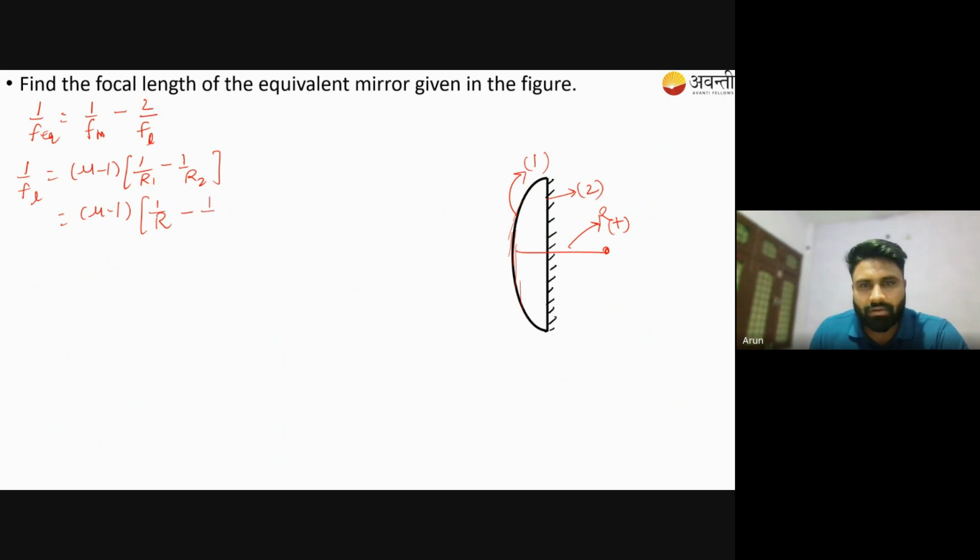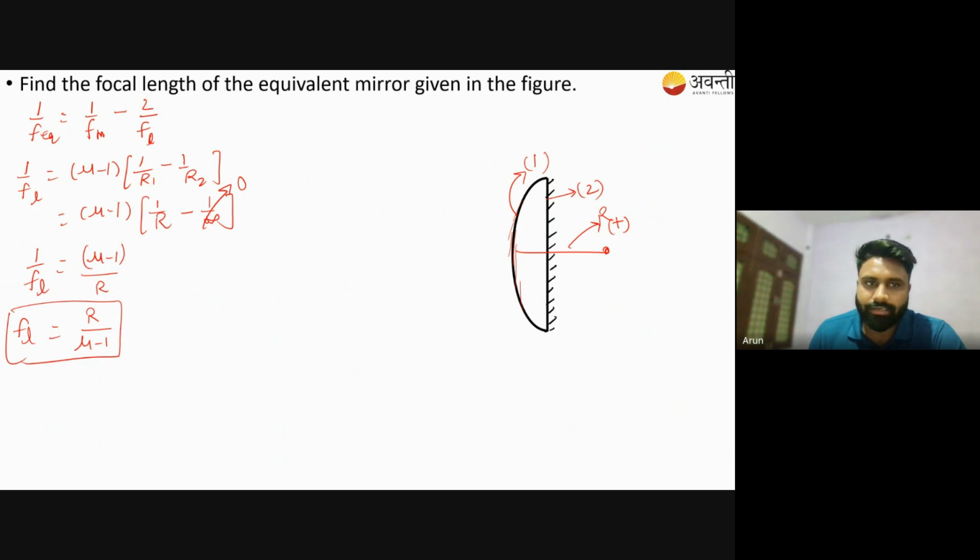Minus 1 upon R2, the radius of curvature of this plane surface. A plane surface has a radius of curvature of infinity. 1 upon infinity is nothing but 0. So 1 upon FL here is (mu minus 1) divided by R. FL here is R over (mu minus 1). This is the value of FL.